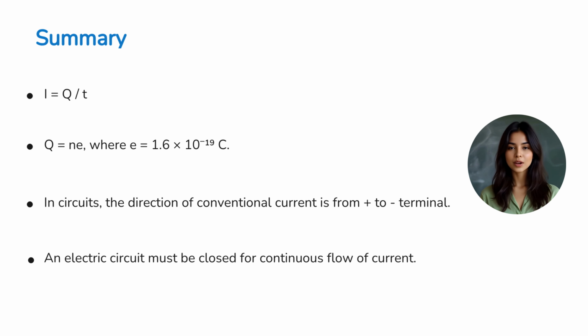In circuit diagrams and real-world electrics, conventional current direction flows from the positive to the negative terminal, even though electrons actually flow the other way. And crucially, for current to flow continuously, the electric circuit must form a closed loop, no breaks allowed, just like a perfect racetrack. Keep these ideas in mind, they form the foundation for understanding how electricity powers our world.